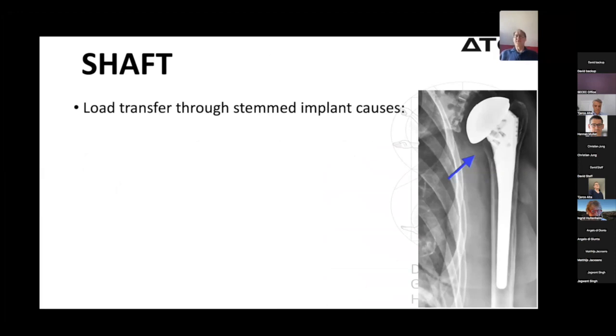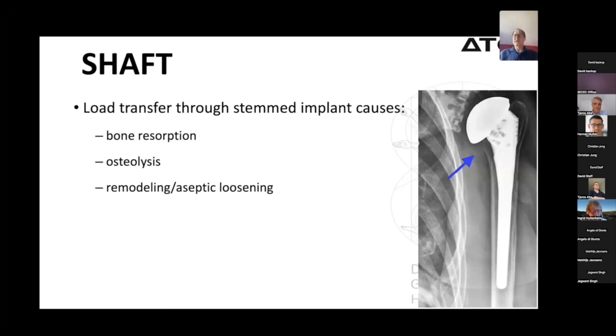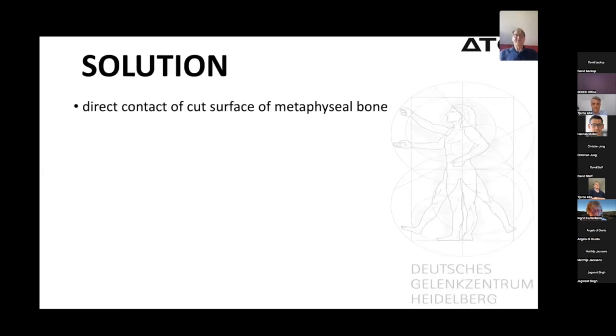On the other hand, shafted total shoulder arthroplasty causes, by load transfer, bone resorption, osteolysis, remodeling, aseptic loosening, and there's always the risk of periprosthetic fractures. So the solution would be an implant that has direct contact to the cut surface, the metaphyseal bone, and that would give adequate fixation with a stable longevity.